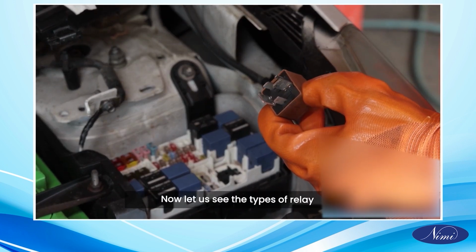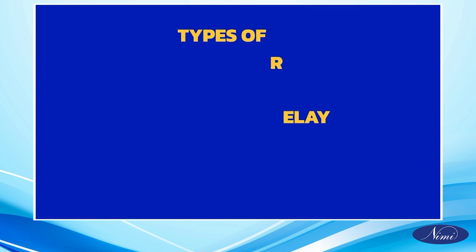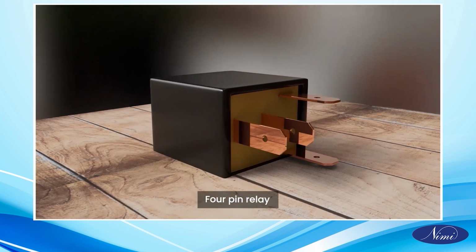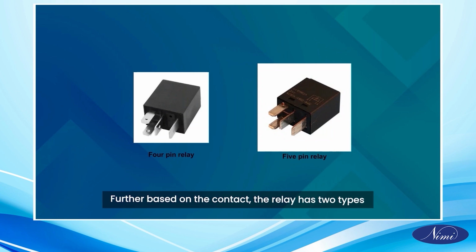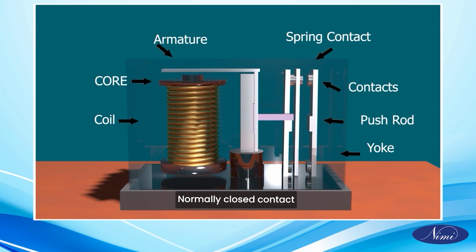Now, let us see the types of relay. Based on the terminals of relay, relay has two types: 4-pin relay, 5-pin relay. Further, based on the contact, the relay has two types: normally open contact, normally closed contact.